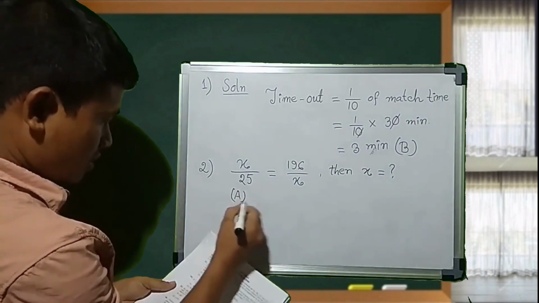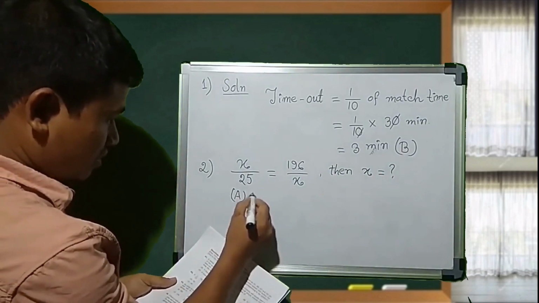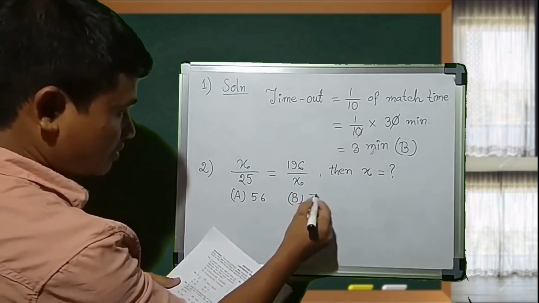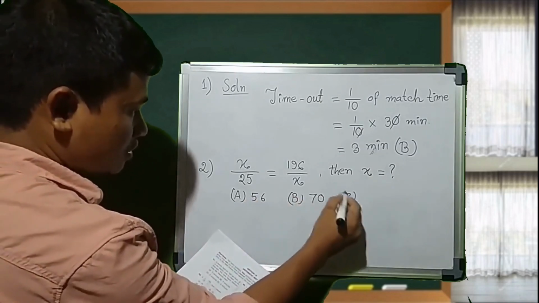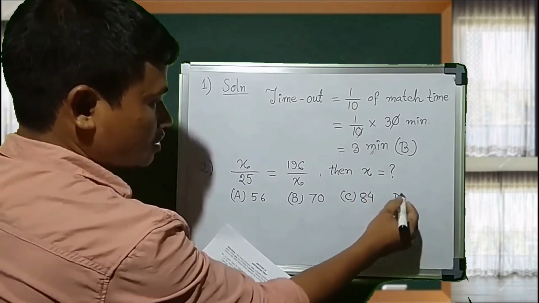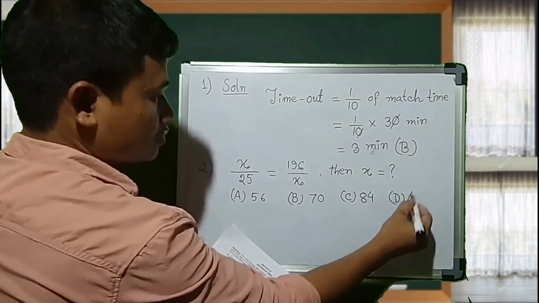Option A 56, option B 70, option C 84, and option D 42.